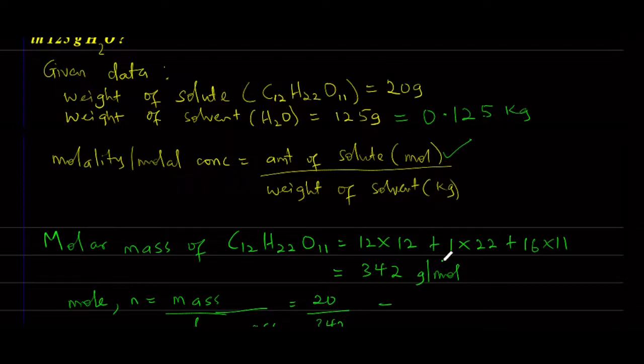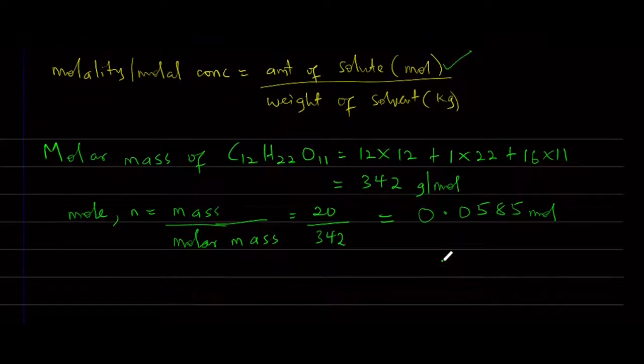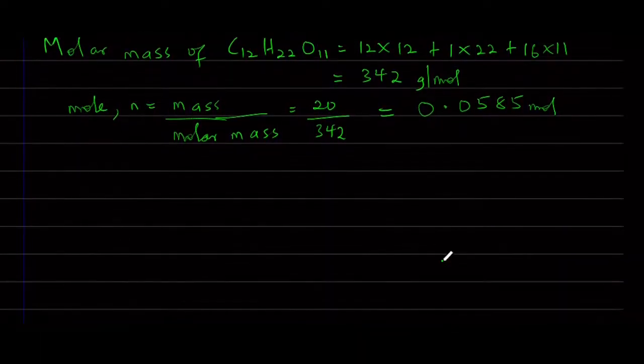So if we solve for the mole, we are going to obtain 0.0585 mole of cane sugar.